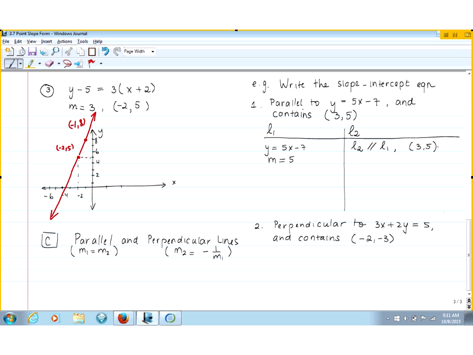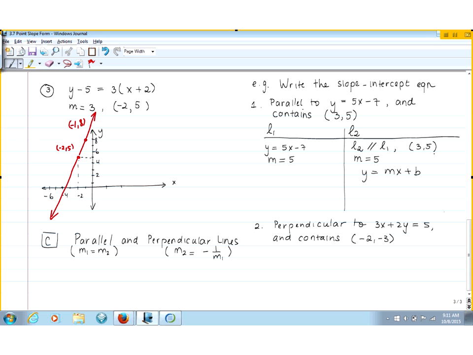So then how do we proceed? We know the slope of line 2, and the slope will be 5. Okay, good. Then what? We use an equation. What type of equation? Can I use y equals mx plus b here? Can we or can't we?